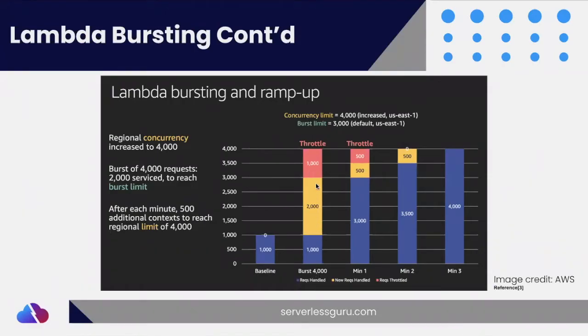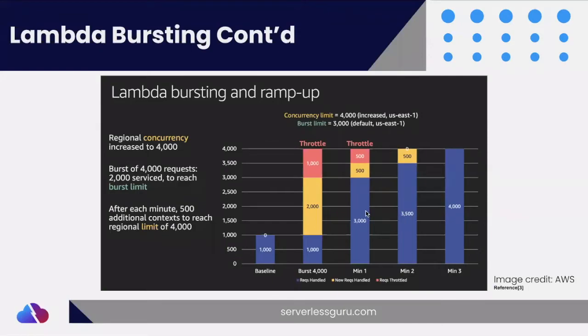The first 3,000 are served, and the 1,000 are throttled. It is because of the burst limit. In US East 1, the burst limit is 3,000, which is a hard limit. You cannot increase it. So among the 4,000, 3,000 were served, but 1,000 were throttled.